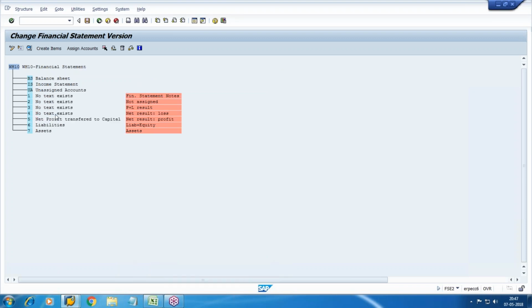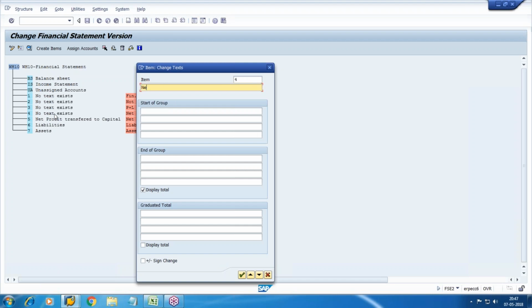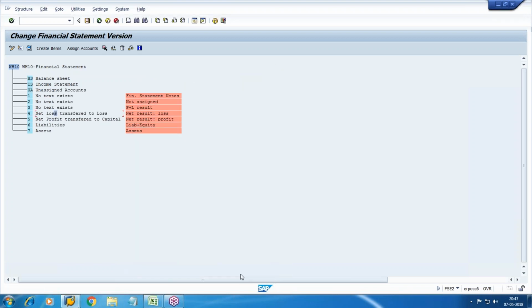Similarly, loss, profit loss, then P&L result.